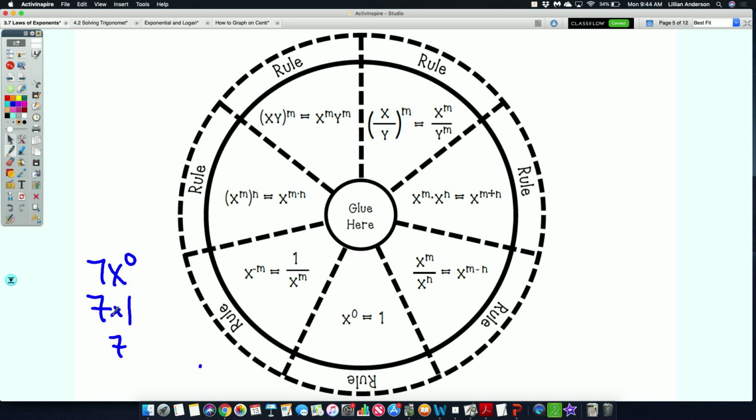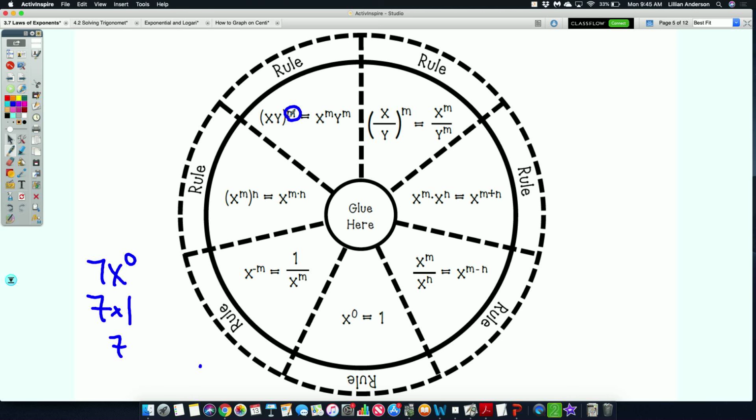If you look up here, I believe this one is the power of a product rule. The exponent applies to both pieces on the inside of the parentheses. Just be aware of what the exponent is applying to. Your power to a power rule, you multiply.